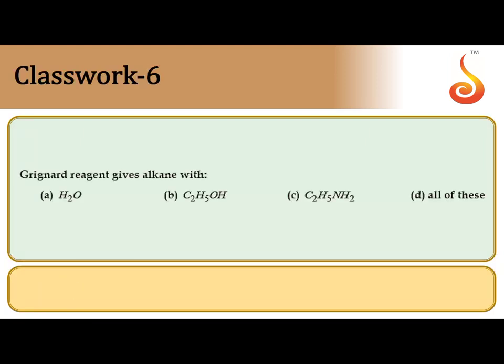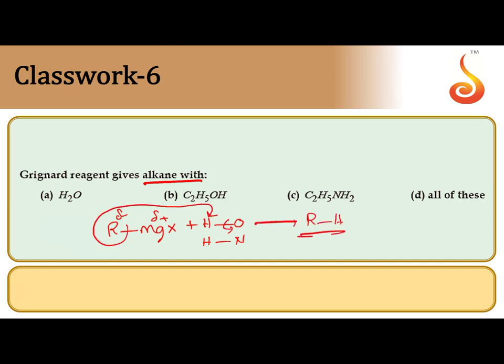Grignard reagent gives alkane with. Grignard reagent acts as a nucleophile or base whenever a compound containing acidic hydrogen is added, like a compound containing an HO bond or HN bond. Immediately R minus takes H plus, forming alkane.